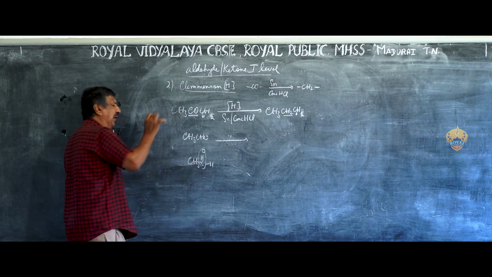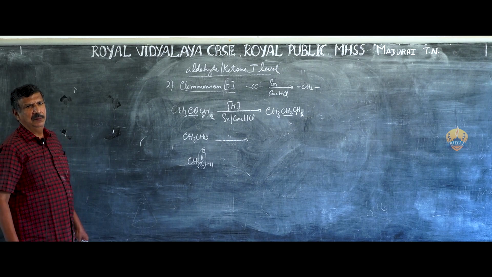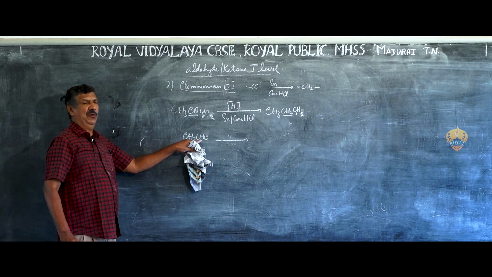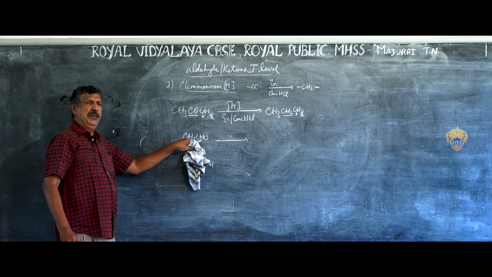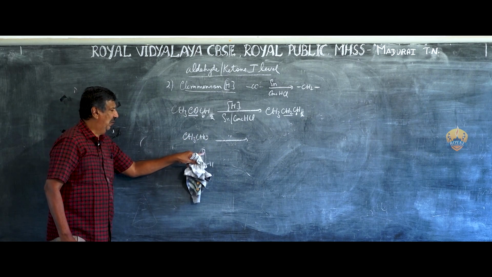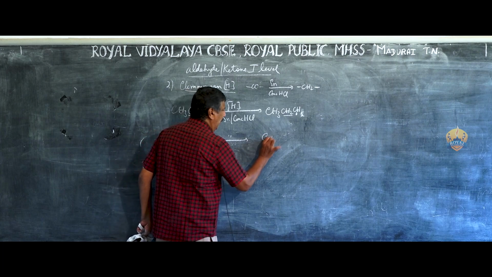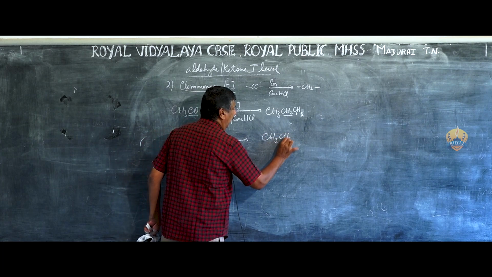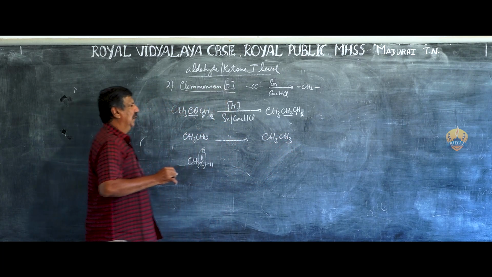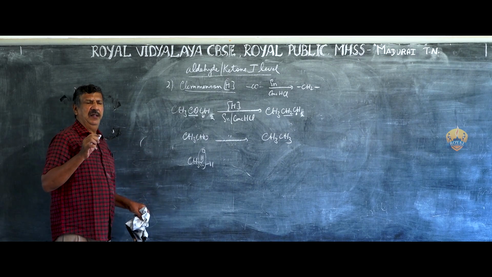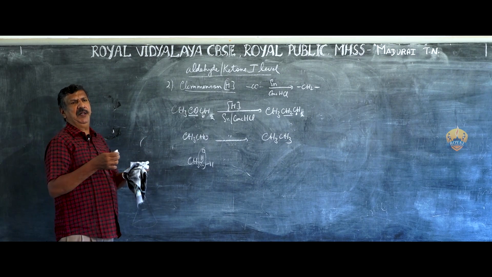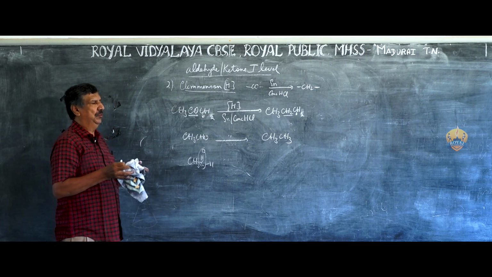But here you can't see the CO directly. So, what will be the product? The CO is converted into CH2. So, the product will be ethane. So, in all this category, CO is converted into CH2.